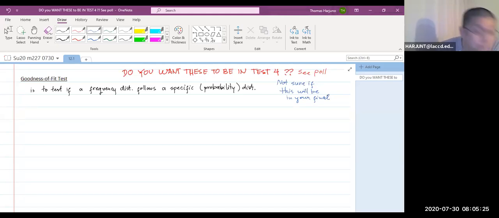Okay, what is this goodness of fit? We want to test if the frequency distribution follows a certain probability distribution. Now, what will the change be in our template? As usual, it will be in our step 2, on the hypothesis.